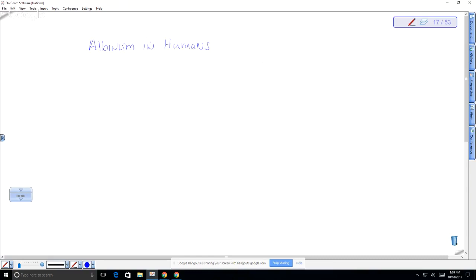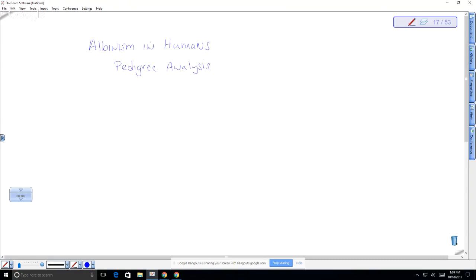So instead of using those types of experiments, we do what is called a pedigree analysis. We also do this with dogs and horses and other animals that have long generations, and you can see how the traits are passed down through generations.